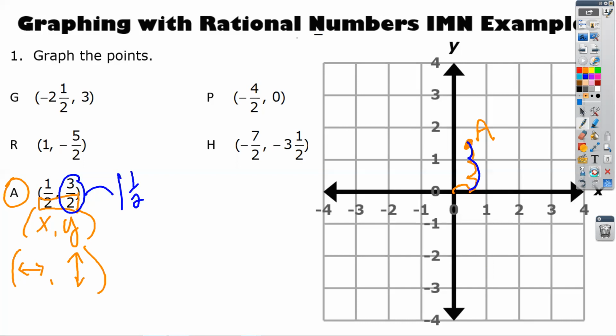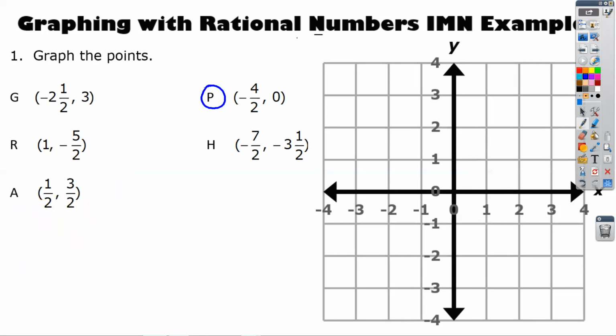All right, let's look at P. -4 halves. Now I could count 4 half jumps, or I could convert it, either way. So let's start with 4 half jumps. This is my X, it's negative, so that means I go left. So 4 half jumps, 1/2, 2 halves, 3 halves, 4 halves.